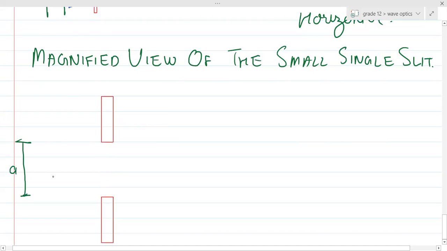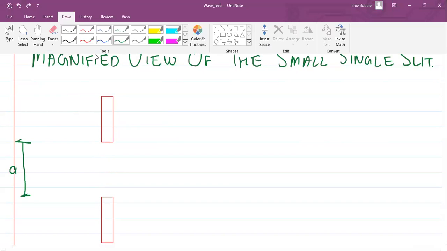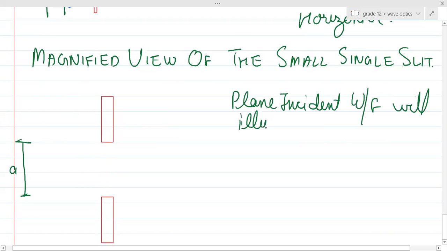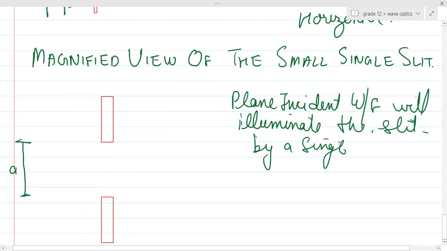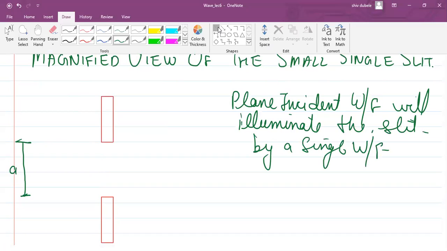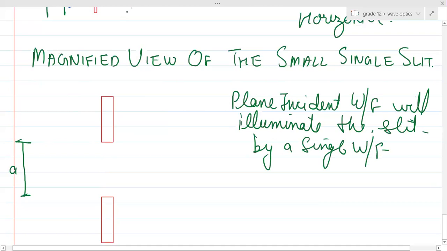Can you see the light rays are still coming parallel and illuminating this particular slit? So the plane incident wavefront will illuminate this slit by a single wavefront. Let us assume this is the wavefront which gets incident.